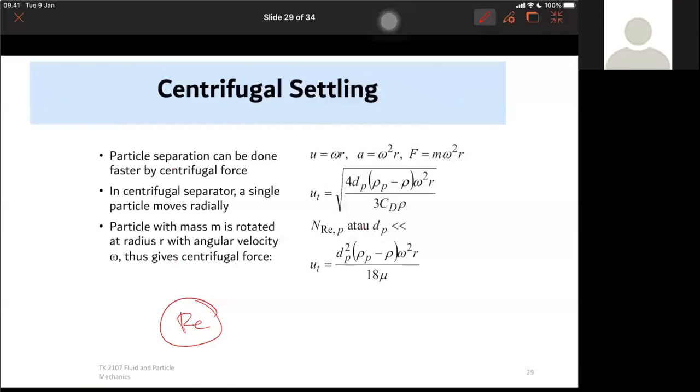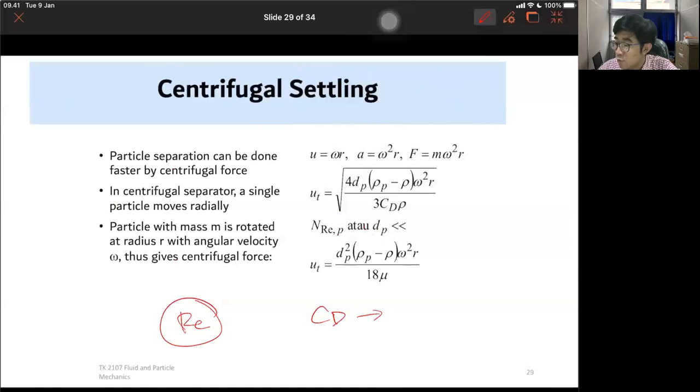So if the Reynolds number is very low or the drag coefficient is constant, then you do not need to do the iteration. Even if you have the graph, it doesn't mean that you don't have to do the iteration, because CD is influenced by Reynolds number and Reynolds number is influenced by this one, right? So like this one.